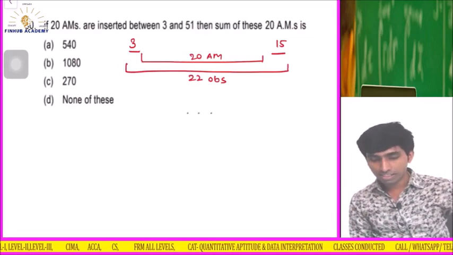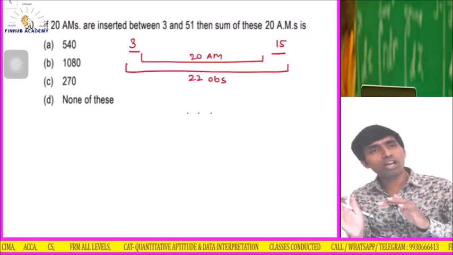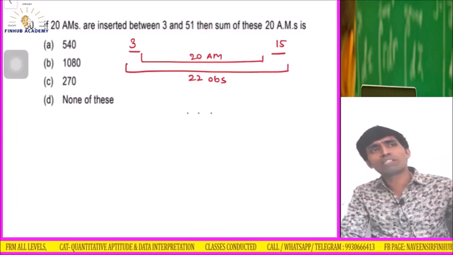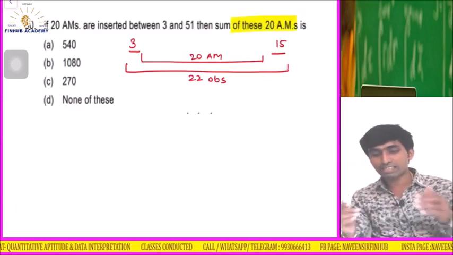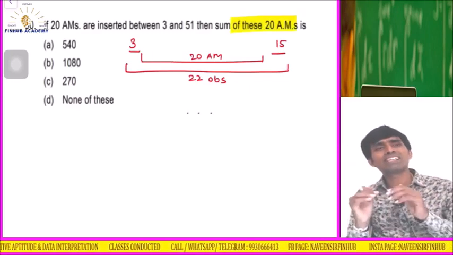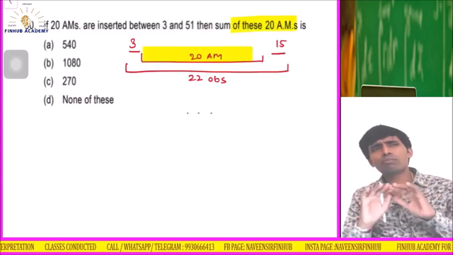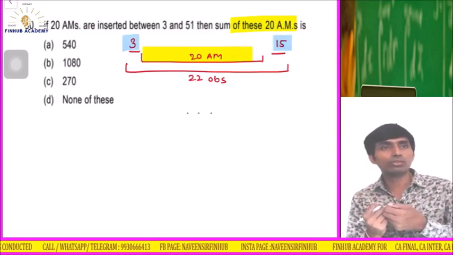Can I find the sum of all? First thing that comes to my mind is I will take the sum of all 22 observations. From that they are asking the sum of these 20 arithmetic means, only this part, so out of the sum of 22 I will remove 15 and 3, correct.